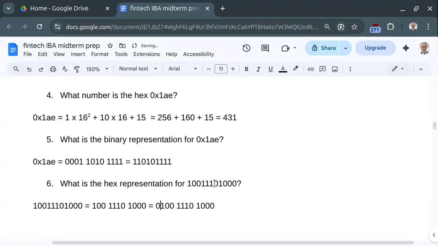I put an extra zero so that they all look like four binary digit numbers and we don't get confused. And now I can immediately translate to hexadecimal. I put my 0x in front as always to designate the fact that I'm dealing with a hexadecimal number. And then I translate my groups of four into their hexadecimal digits. The first one will be a 4, right? How about the next one?